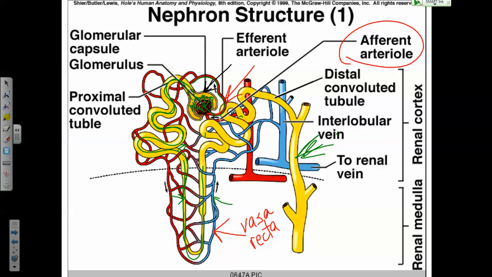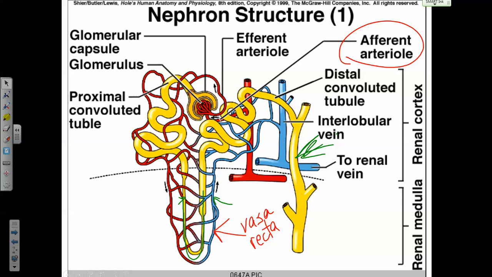Okay? One thing that is super interesting to me about this blood supply is the glomerulus' capillaries. Have you noticed that it's not like other capillary beds we've talked about? It doesn't have an arteriole on one end and a venule on the other end. It's got an arteriole on each end.